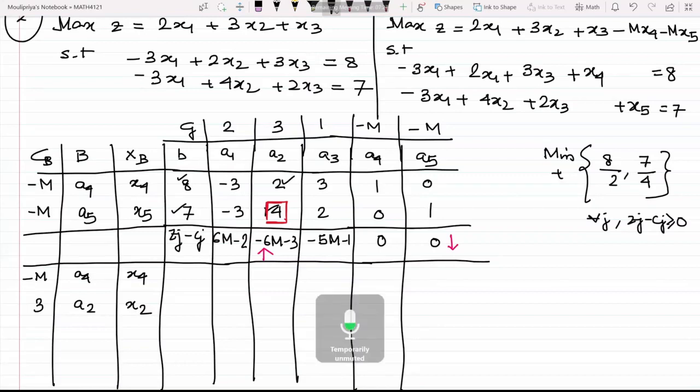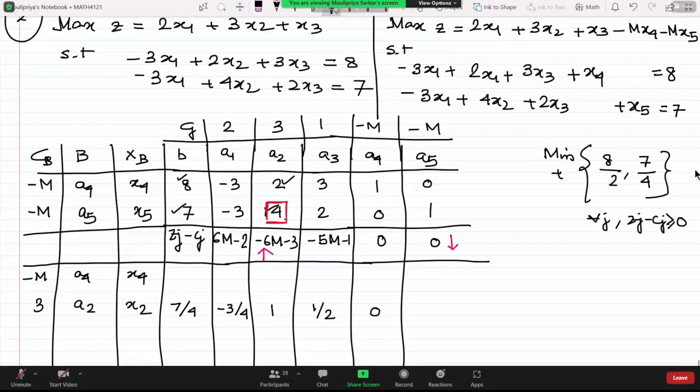We will divide every element by 4, correct. So you have 7 by 4, minus 3 by 4, 1, half, 0. We need not calculate for A5 because that being an artificial vector has already left the basis.